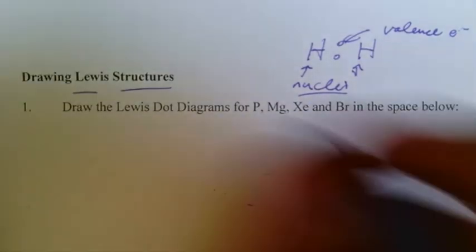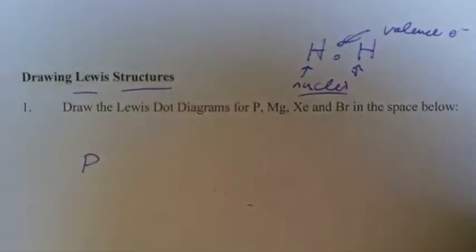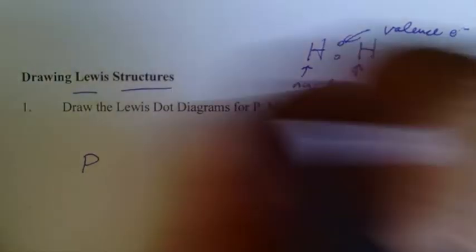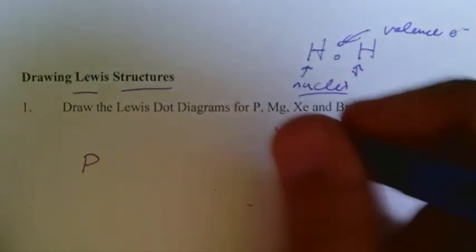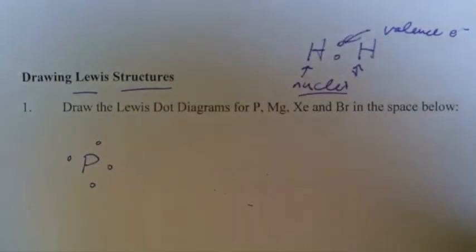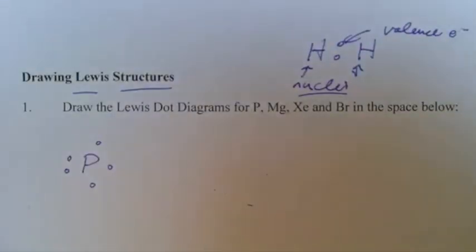So take a moment, I'll do phosphorus for you very quickly. If we look at phosphorus, it's in group 5A, so remember that means it should have 5 valence electrons. Now because electrons repel one another, we tend to write them on isolated atoms by going around first, putting the first 4 in, 1 per side, and then the last one there. And so that would be my 5 dots all the way around a phosphorus atom.